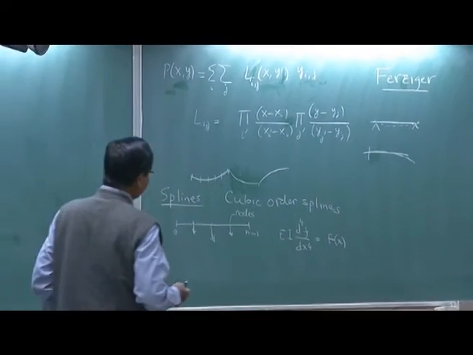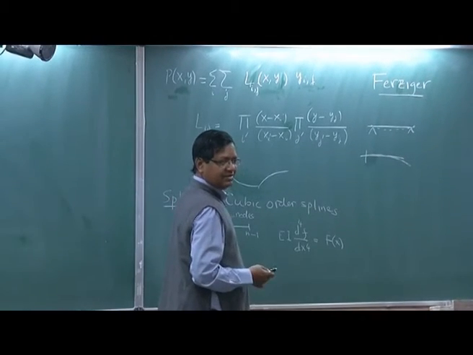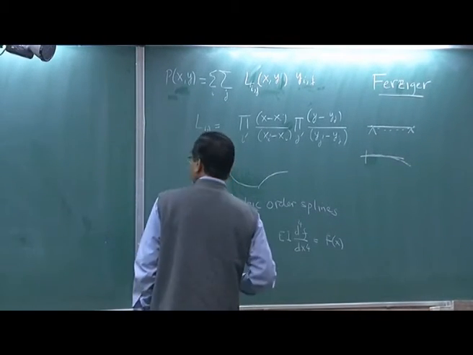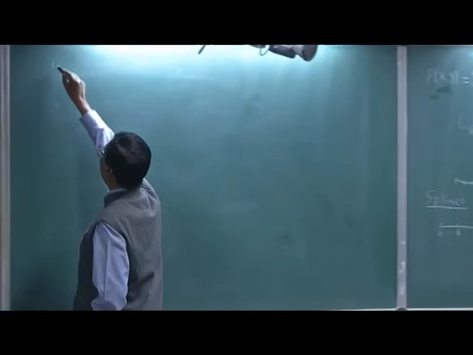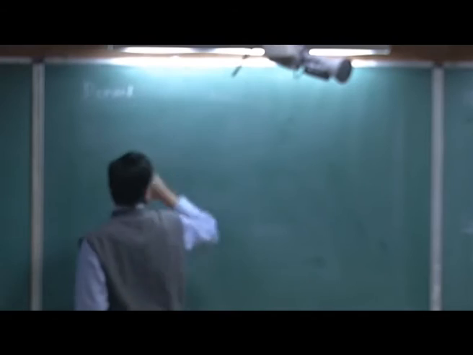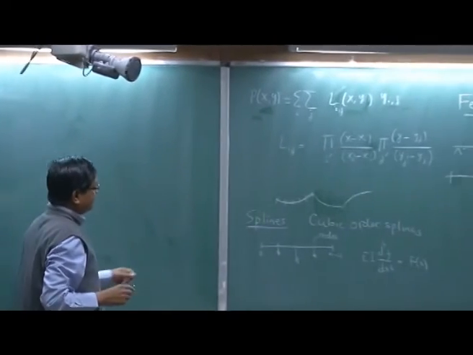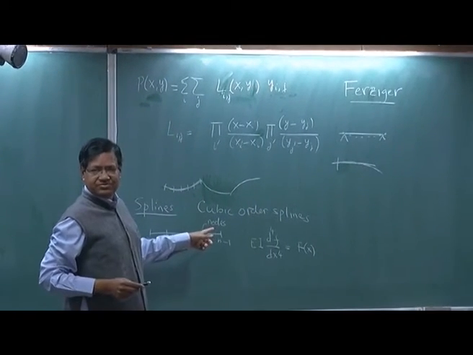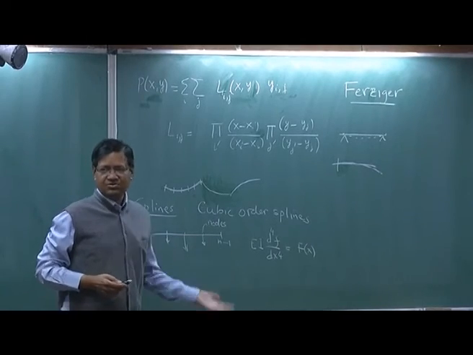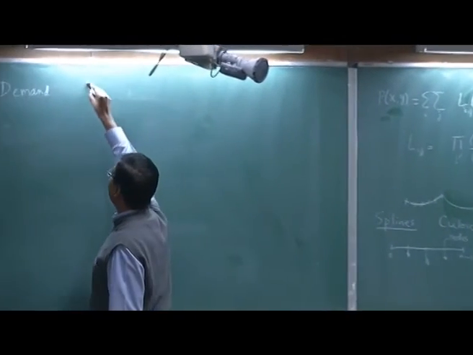Now I am going to demand something on f. So what are the things I demand on f? That this f should pass through all the points.